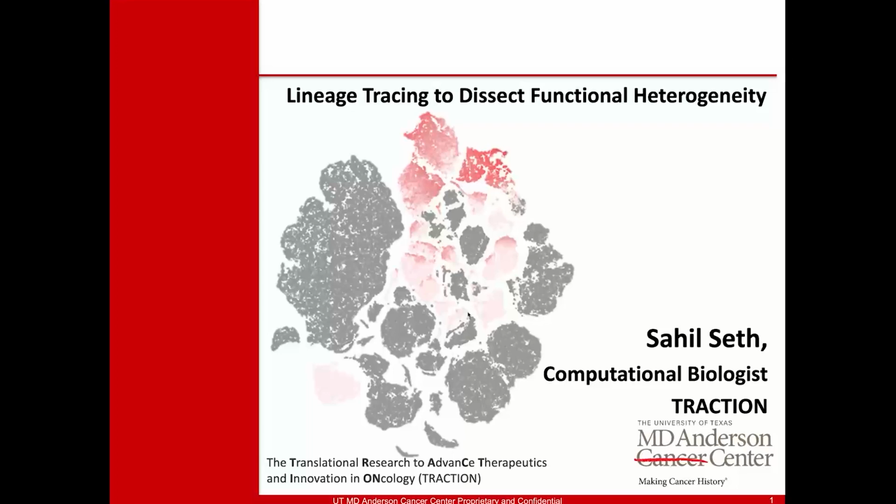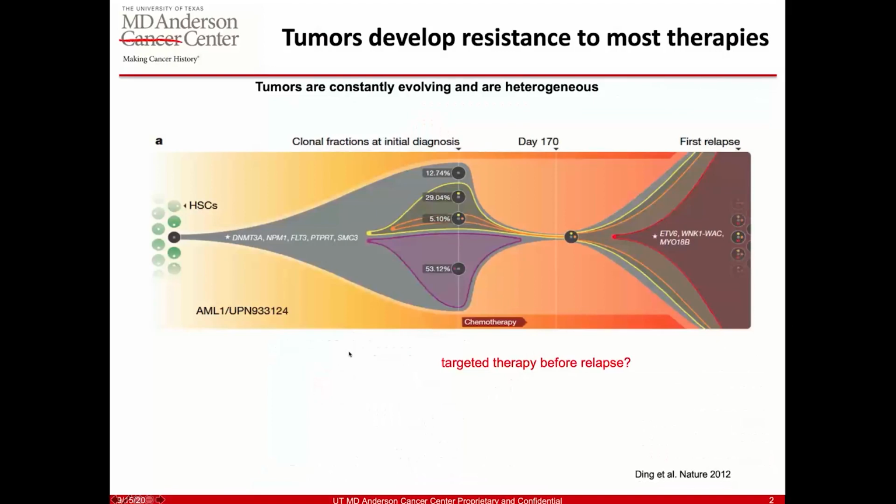So today we're going to talk about a platform which we have developed and published several manuscripts with, to lineage trace tumor cells and to understand the functional heterogeneity within the tumor. This is a manuscript from a couple of years ago where folks performed whole exome sequencing across multiple time points to understand how subclones react to therapy.